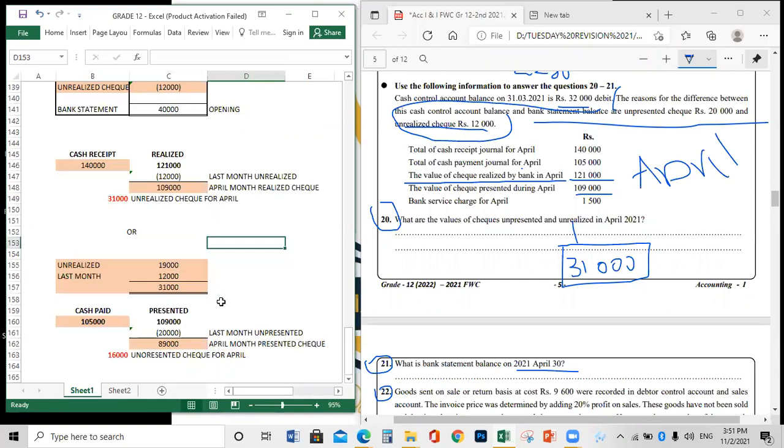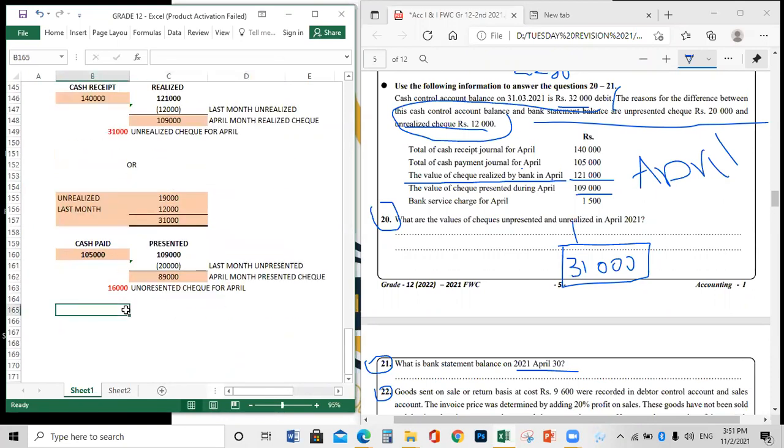Then, guys, if you want, you can do the other method which I taught you all. What is the other method? The other method is where you take the unpresented check. How do you get that? You take this, and you can just... Can't do that here. It's coming a negative value. In this one, it's difficult to do.